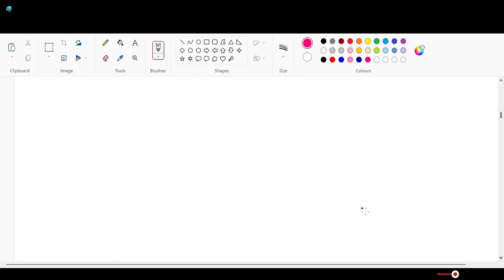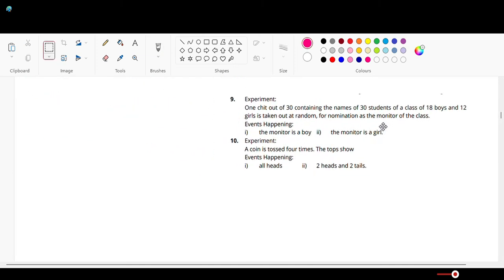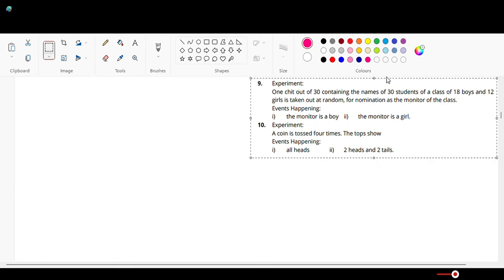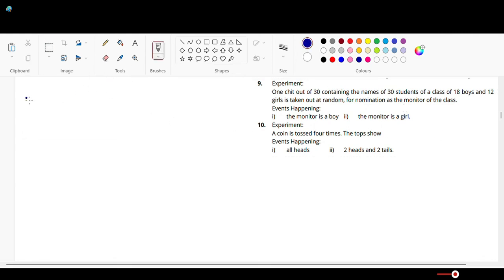So now let's get on with case number 2, for the girls. What is the chance that the monitor is a girl? I'm going to name it event B is equal to girl. How many girls are there? Let's list them first.